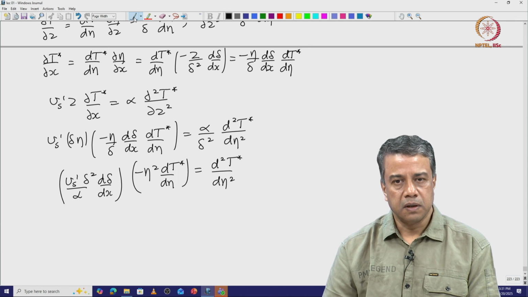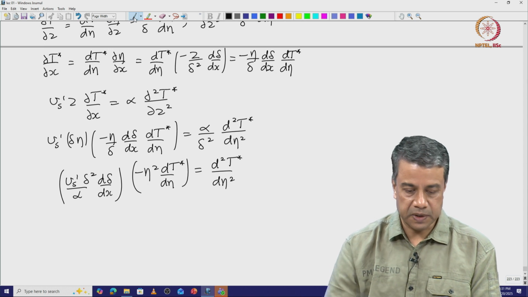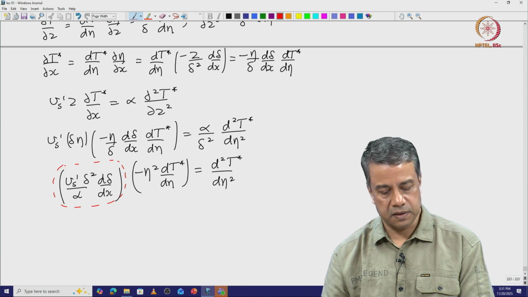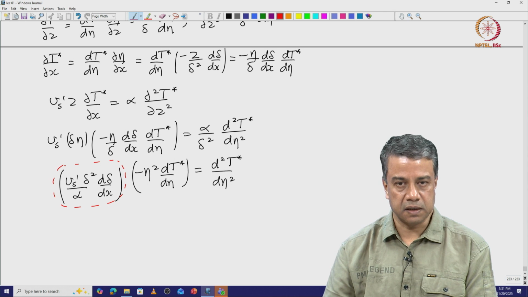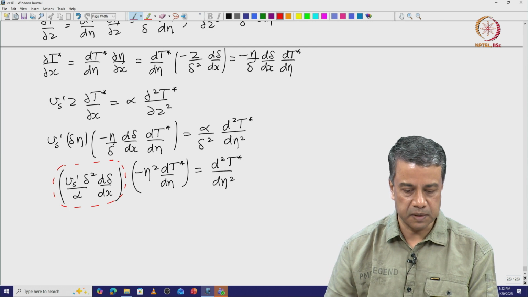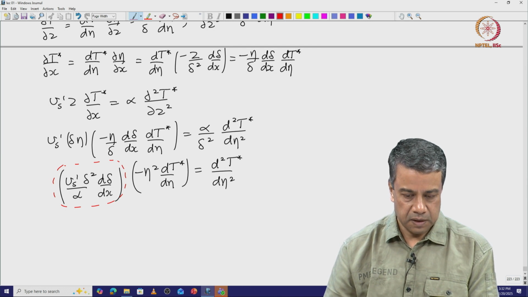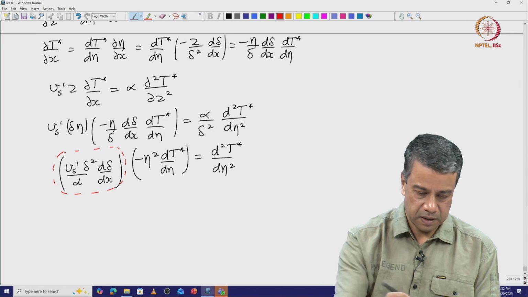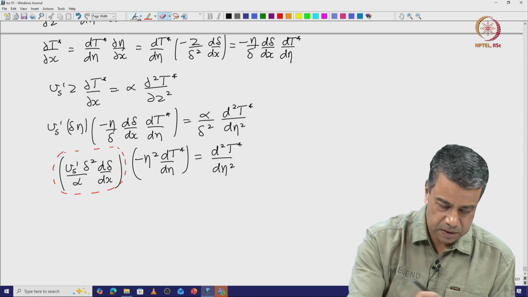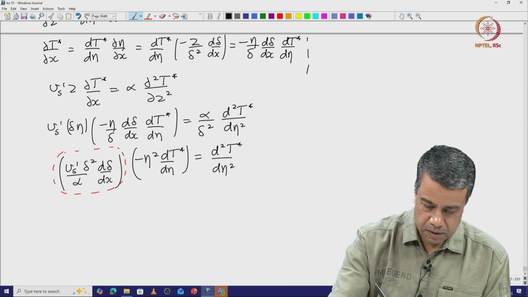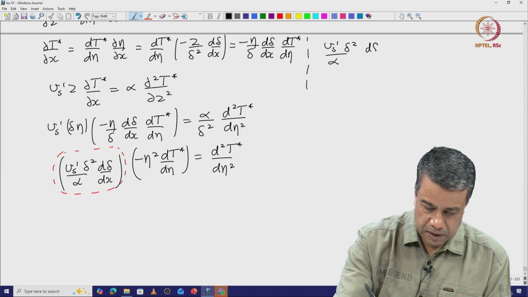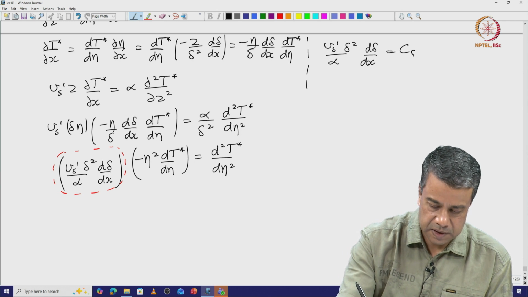Now, this can be reduced to a similarity equation only if this term here is a constant, because if this is a constant, the equation depends only upon eta. So, we had done a calculation in the last lecture where Vs prime delta square by alpha d delta by dx is equal to some constant c delta.